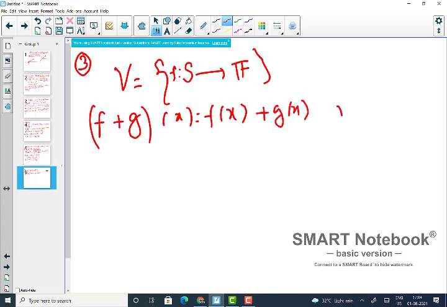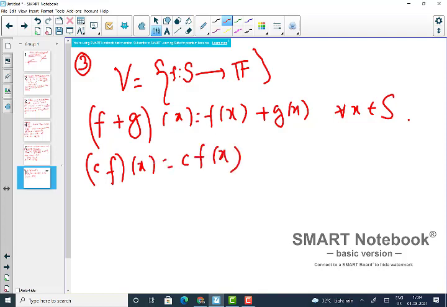That is true for all x belonging to the set S. And similarly define the multiplication also. You have a function, you multiply by a constant, and this will be again a function, defined by (c f)(x) equal to c times f(x). And you see that this will form another space.